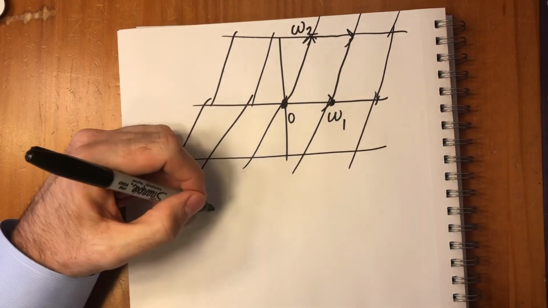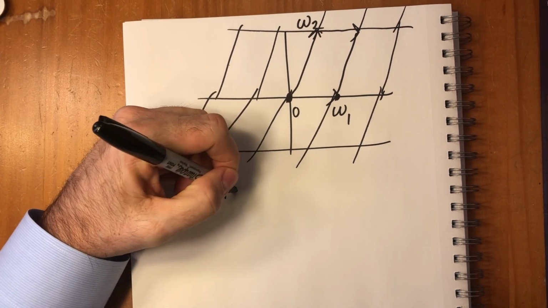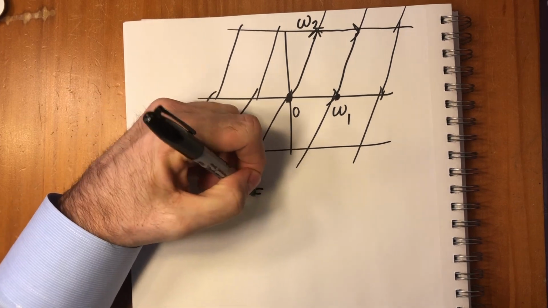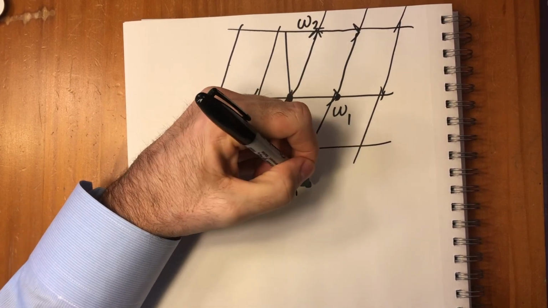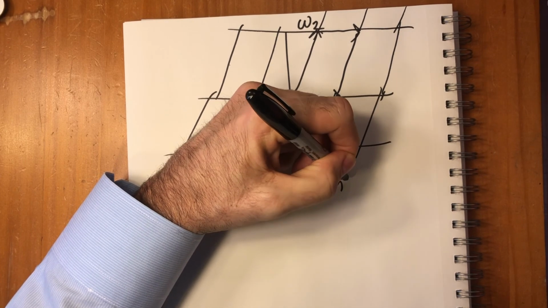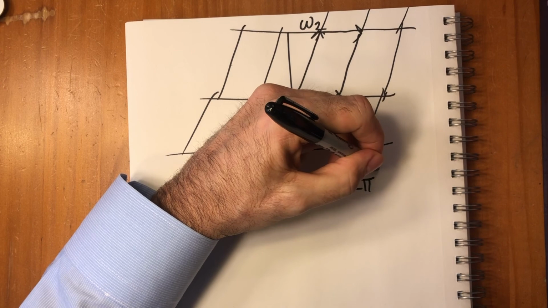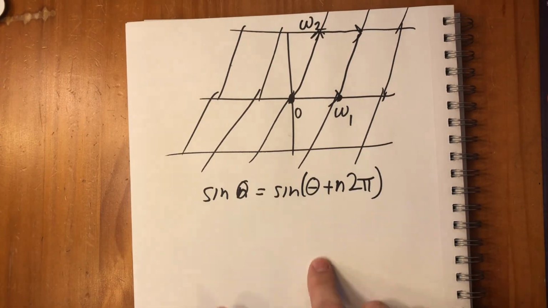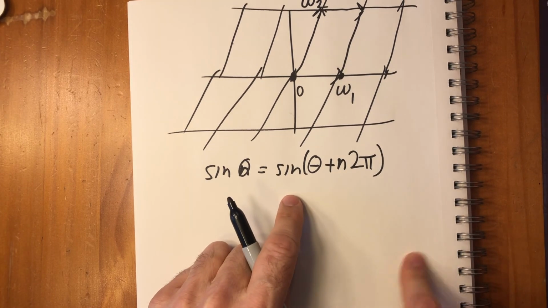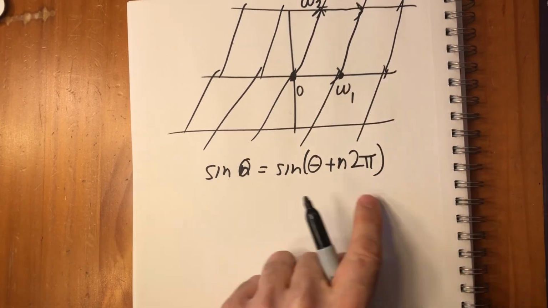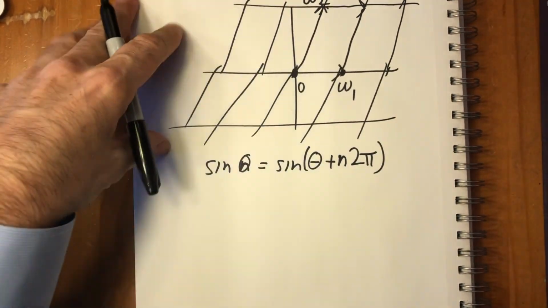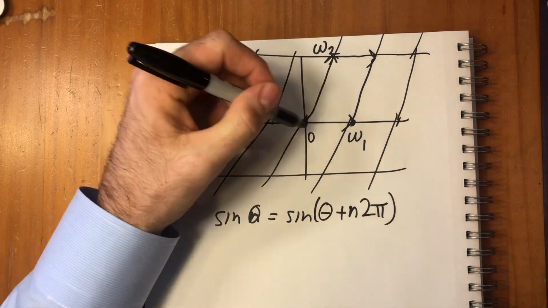With a real function, sine of theta equals sine of theta plus, let me make sure I get this right, n 2 pi, right? Whatever your value of theta is, if you add any multiple of 2 pi to it, you're going to get the same value. So with a doubly periodic function in complex numbers, you have the same concept, but it goes in both directions.